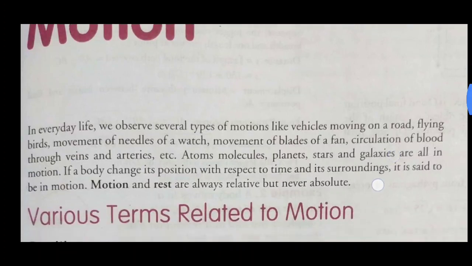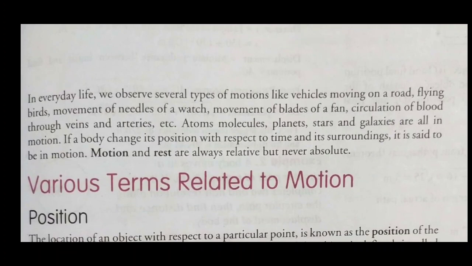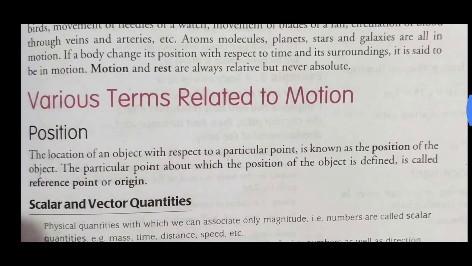Before further discussing, we will go through certain terms related to motion. The first term related to motion is position. Now, what is position? The location of an object with respect to a particular point is known as the position of the object.